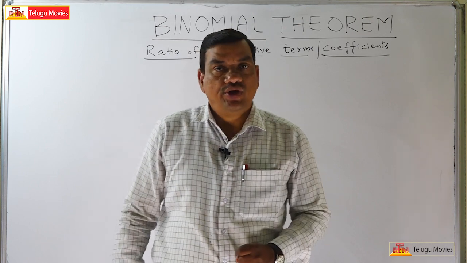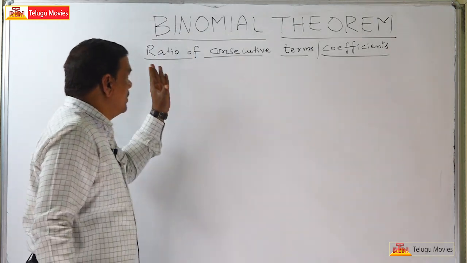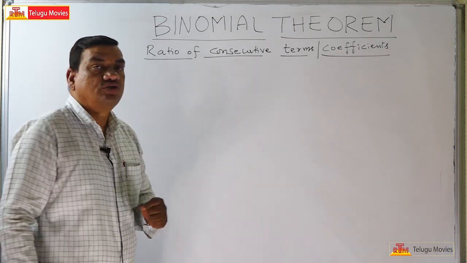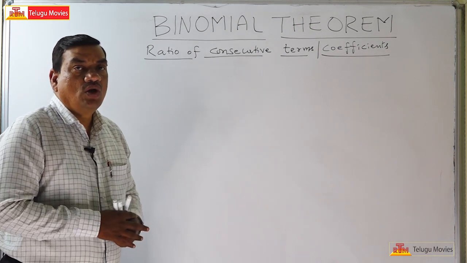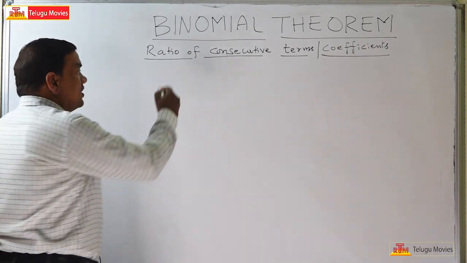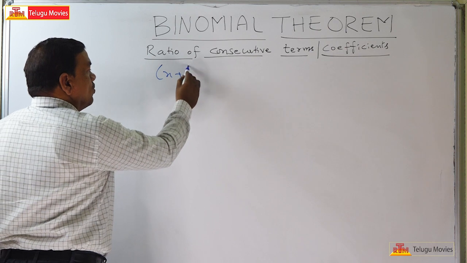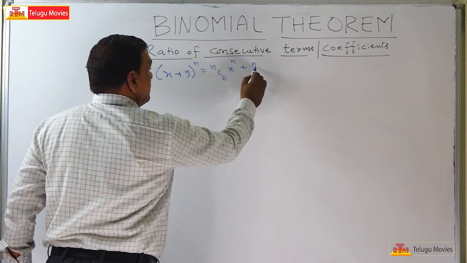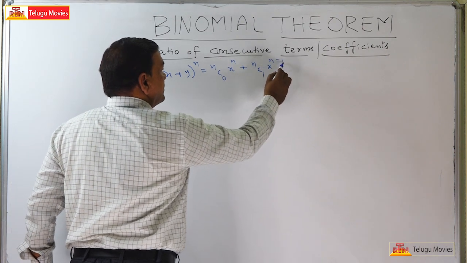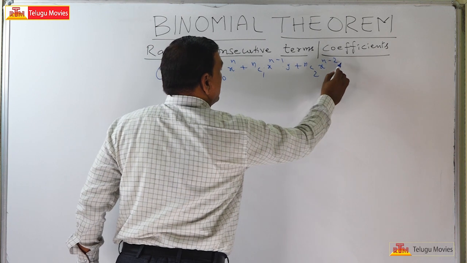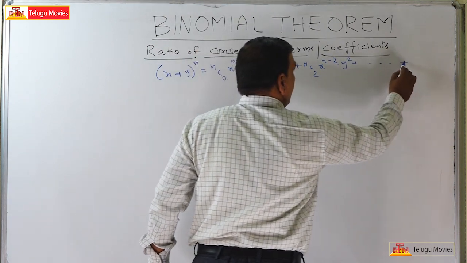Today I am going to explain the ratio of consecutive terms and consecutive coefficients. In the binomial expansion, once again I will write down the expansion (x + y)^n. This is nC0 x^n, nC1 x^(n-1) y, next nC2 x^(n-2) y^2, plus so on.